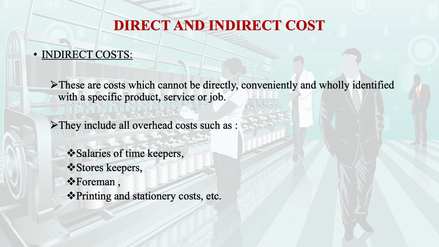Similarly, indirect costs are the costs which are not directly involved with the specific product, just like salaries of a timekeeper, a storekeeper or a foreman. So I am again repeating this because you should understand the difference between direct and indirect cost, because that will come up frequently when we discuss the break-even point.